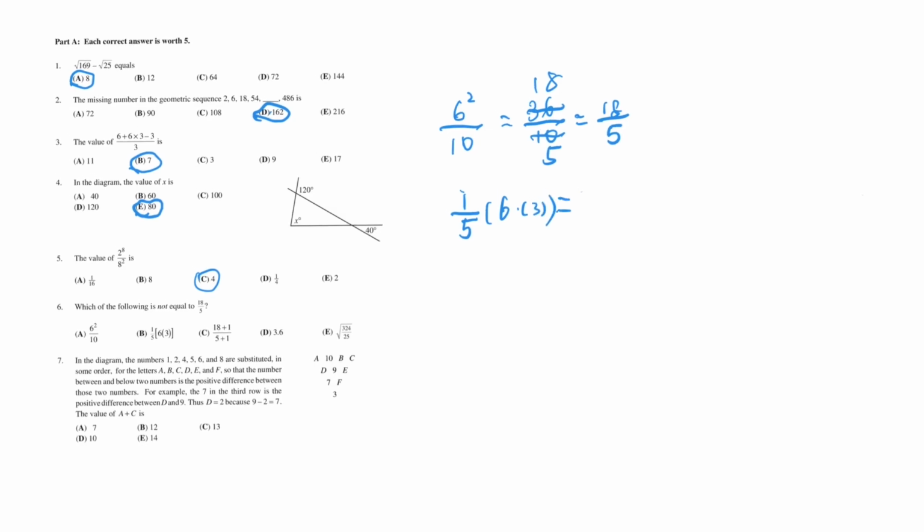That's 3 times 6, that's 18 over 5. Now B is still 18 over 5. So choice C is 18 plus 1 over 5 plus 1. That's 19 over 6. So this one is not equal to 18 over 5. So number 6, the answer is C.